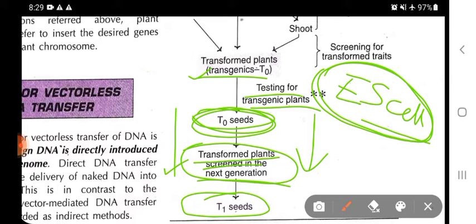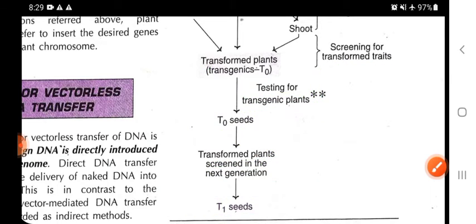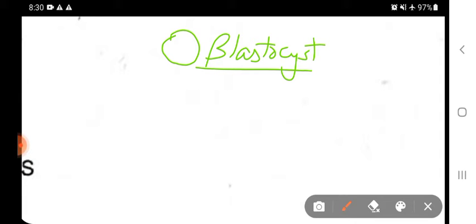So what we do normally, when we want to directly introduce our gene into animal cells, is take out the blastocyst stage. You know the blastocyst stage. It is a stage of your embryo formation.